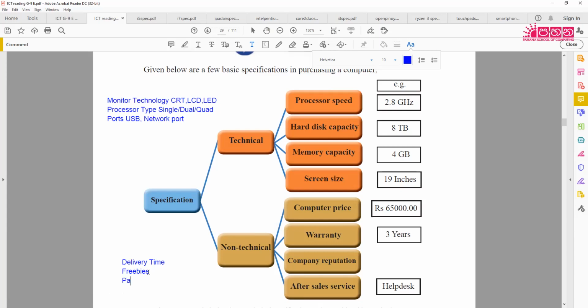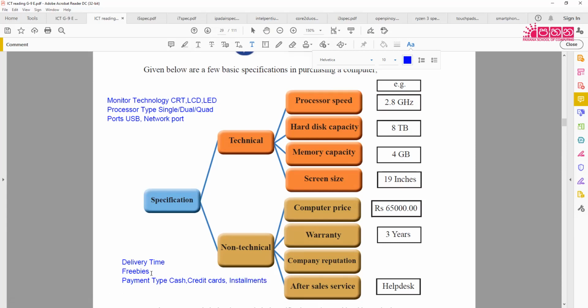Payment type, isn't it? Whether you can pay by cash, credit cards, and also installments.